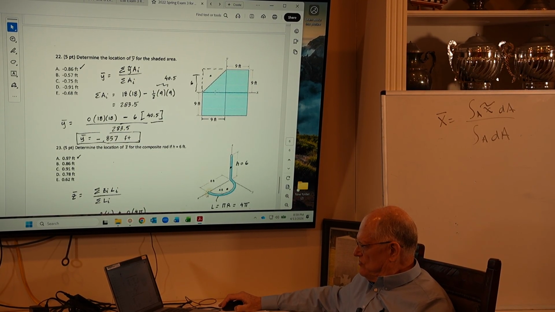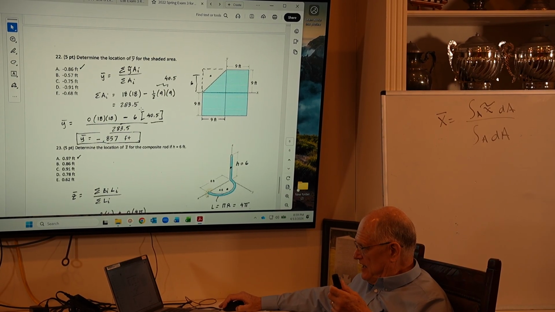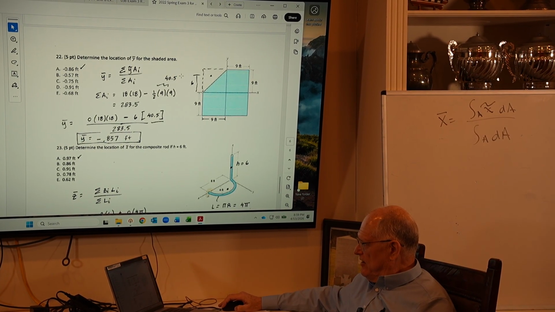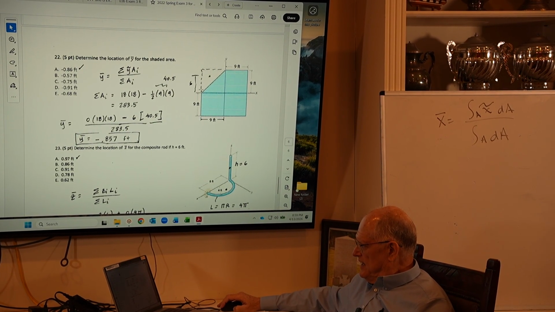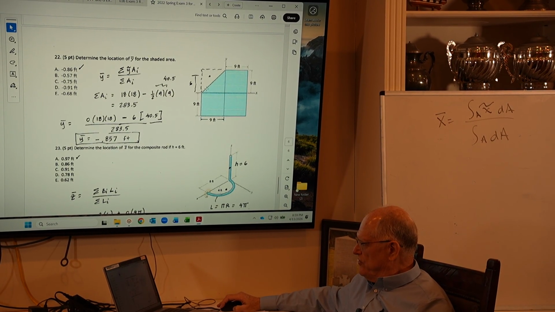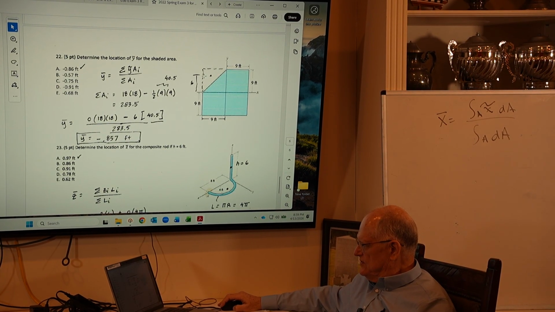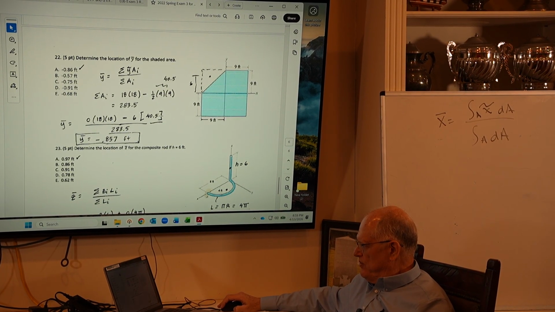The second, the hole is a negative term. Its area is 40.5, and the centroid from him down to the x-axis is 2/3 of 9, which is 6.